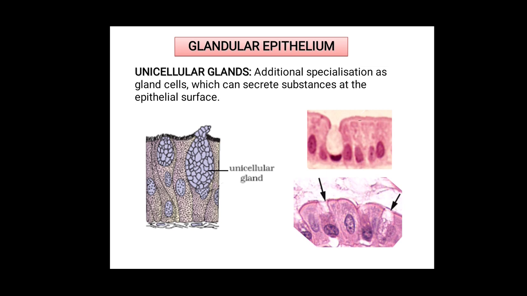This cell also appears like that, and you can see it is producing some secretions. An example would be the mucus cell. Mucus is a sticky substance that covers the lining of our whole respiratory system or our digestive system. So that is for protecting the lining.